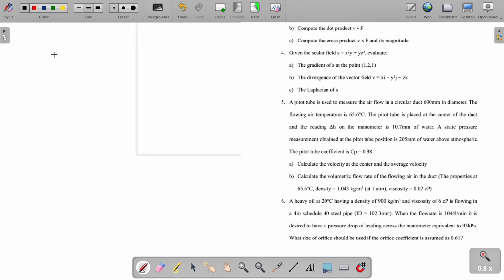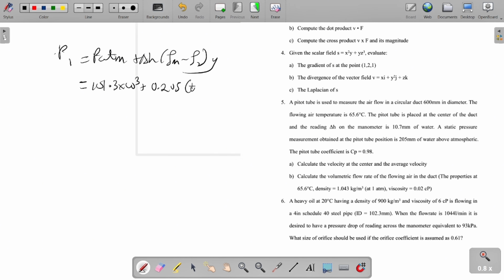So we're calculating P1 now. P1 will be equal to PATM plus the change in H times (rho m minus rho 1) times G. Because right now we have a new density, so you have to recalculate the pressure. So this is 101.3 times 10 to the power 3 plus 0.205 times (1000 minus the new density 1.064) times 9.81.